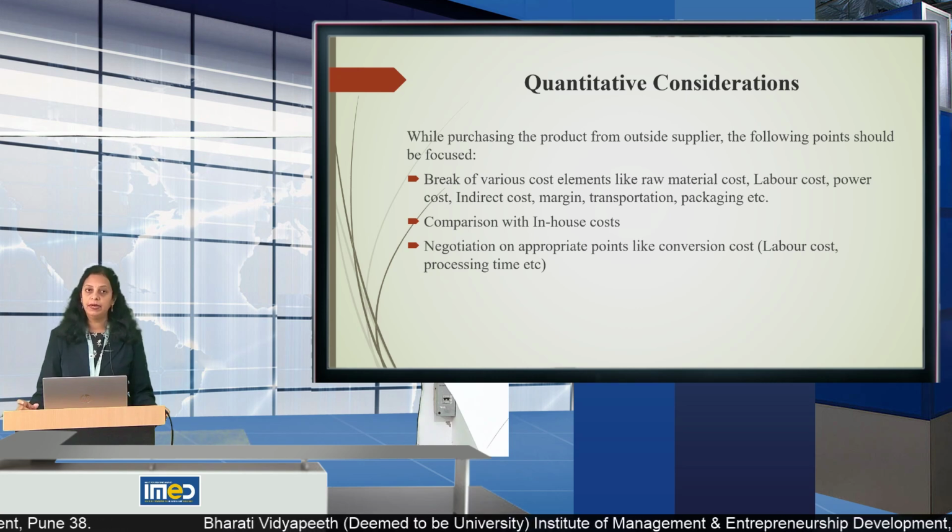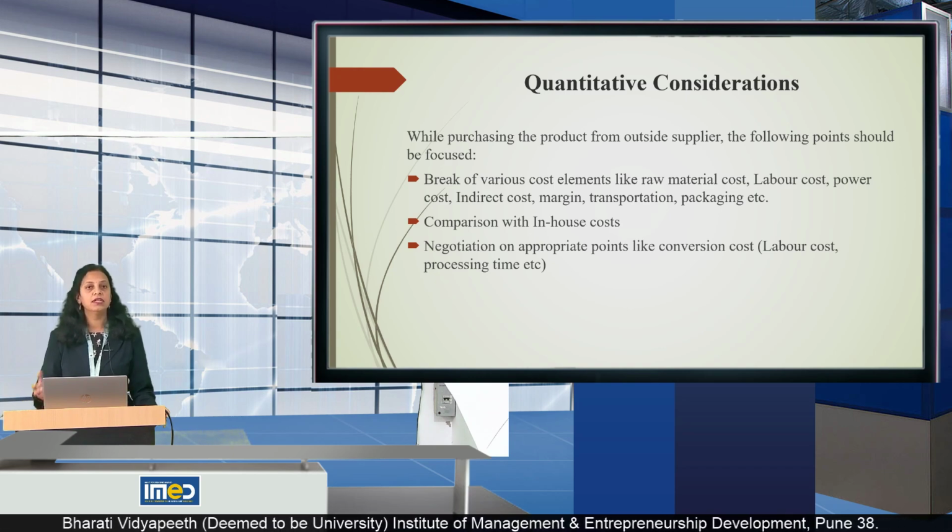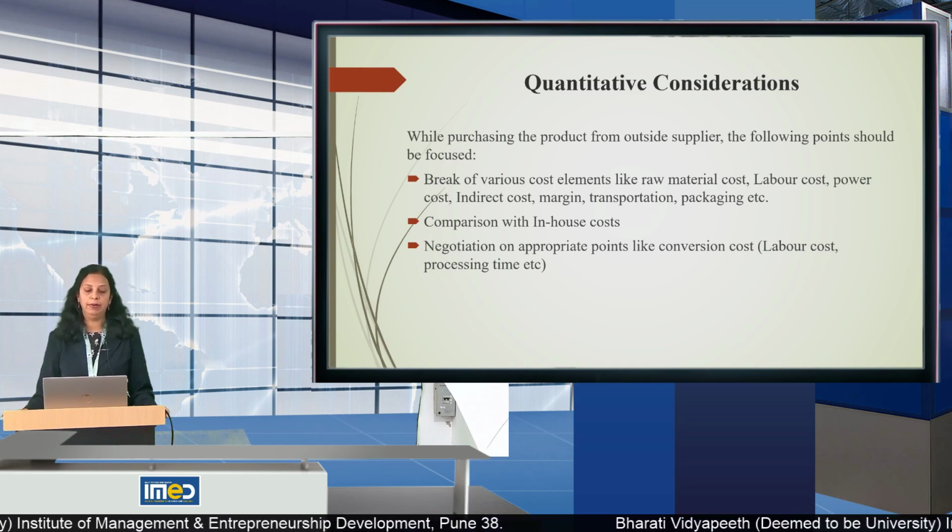It depends upon the overall long-term relations of the company and the supplier, because the company is already manufacturing the product in-house. So, the company is aware of the raw material cost and the cost elements of manufacturing the product. So, they can directly negotiate with the supplier.